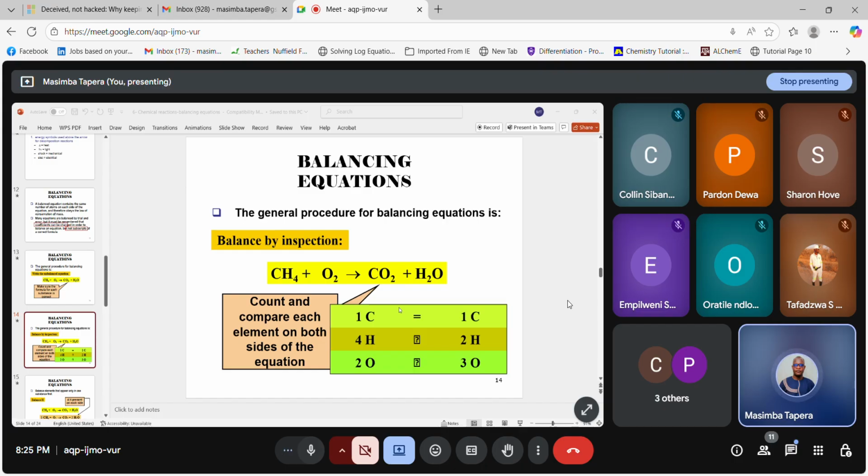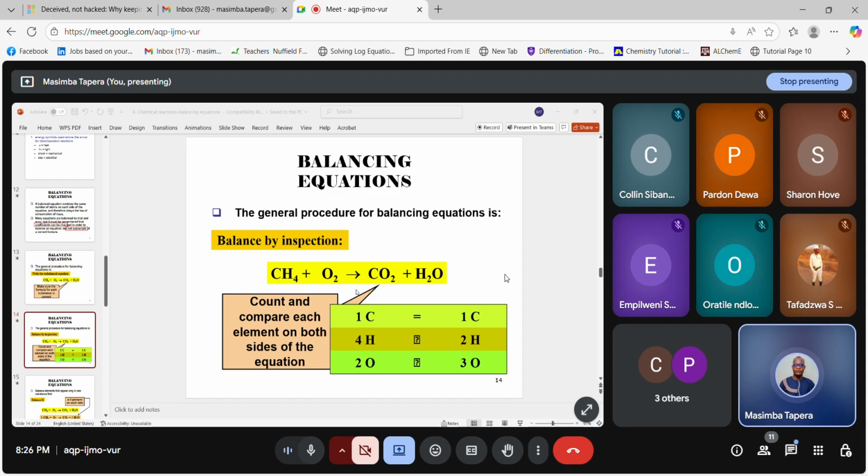You start with the first element on your left, and you go to the next by inspection, by counting and comparing. As you can see here, we have a table showing carbon as the first element. We have one carbon, and on the other side of the equation, the product side, we also have one carbon. They are equal. That's why we put an equal sign, and we have seen that carbon is balanced.